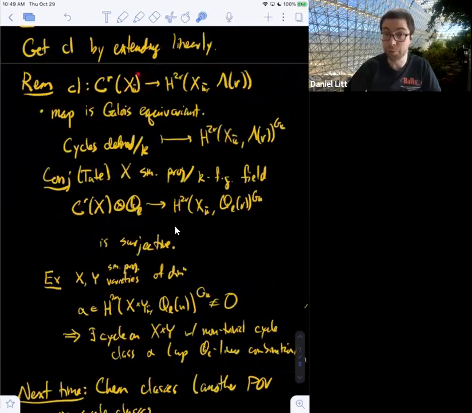That's some subgroup of this group, and the conjecture is that it should be at least rationally independent of L. Meaning if you take that kernel and tensor with Q, that's supposed to be independent of L. And that's very open.